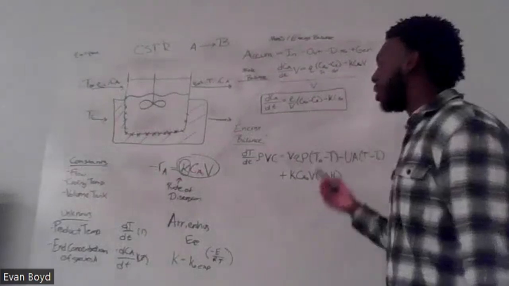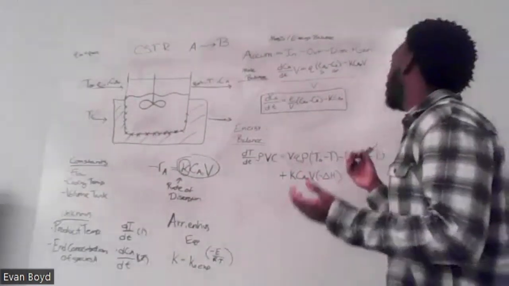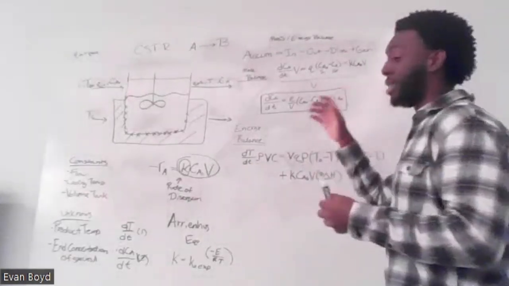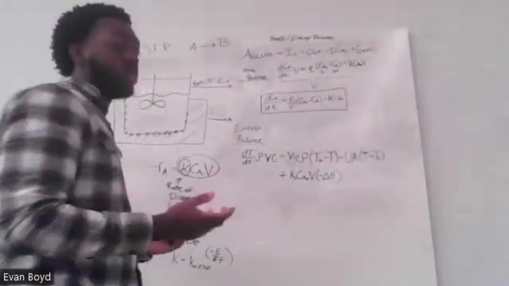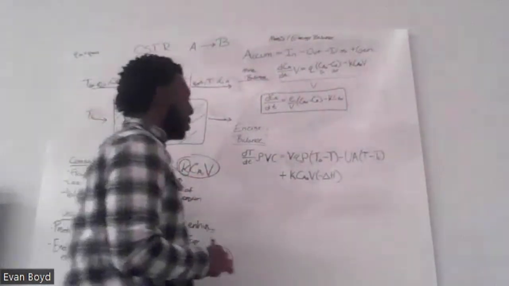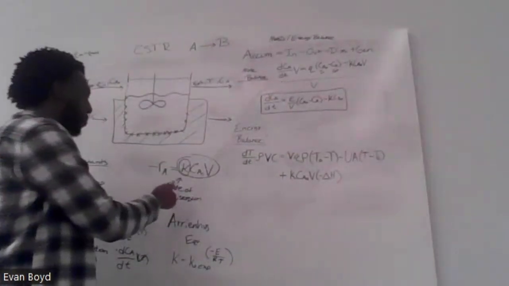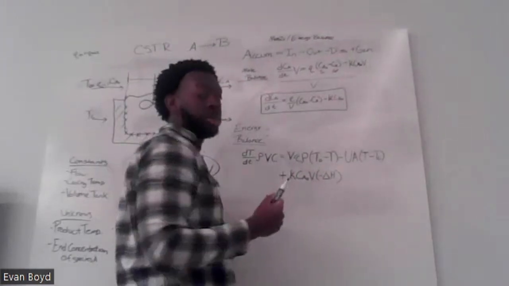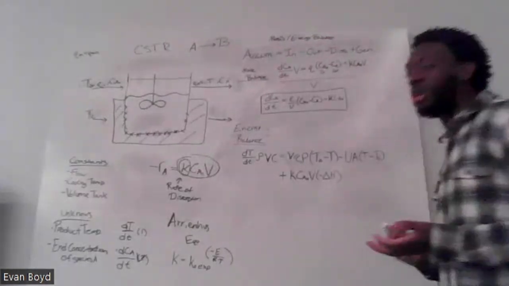Even though we are losing species A, we are still generating energy from this. We're going to use our reaction equation that we already have, and multiply it by the change in enthalpy to represent the generation of energy in the system.